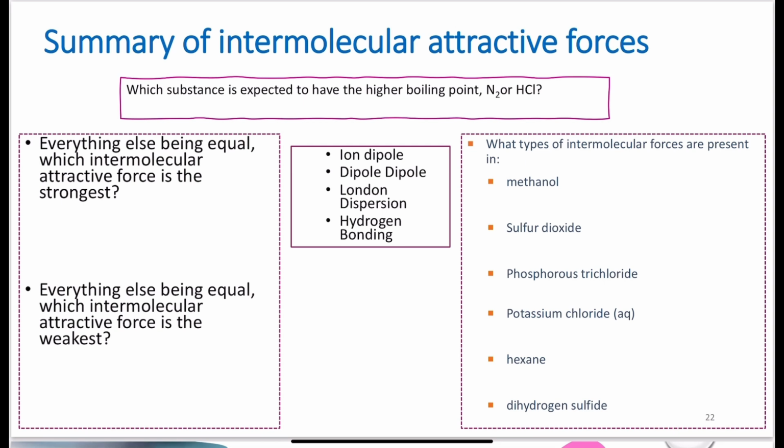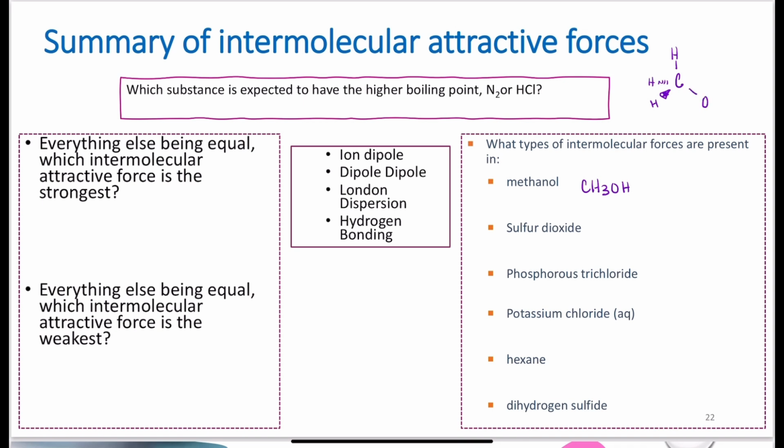What type of intermolecular forces are present in the following molecules? Methanol, CH3OH. If I actually drew that out, I've got carbon. The carbon is sp3 hybridized, which means it is a tetrahedral shape. Bonded to an oxygen.